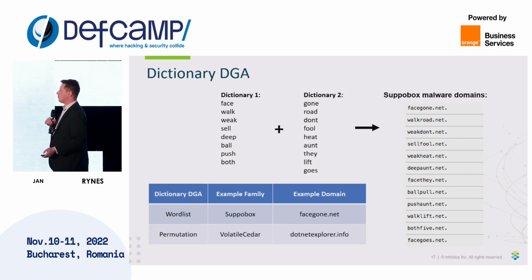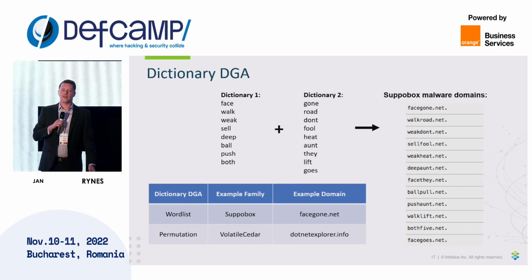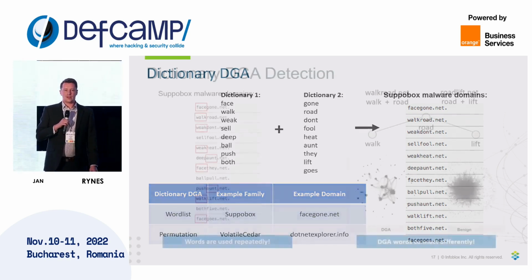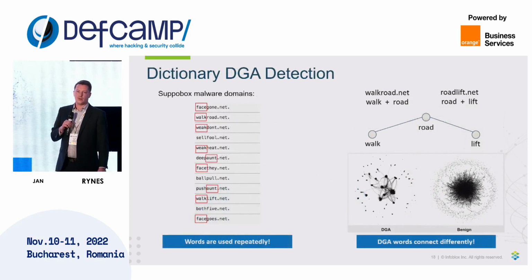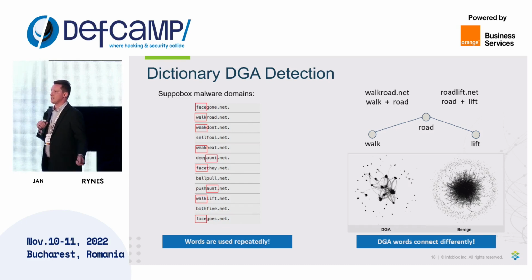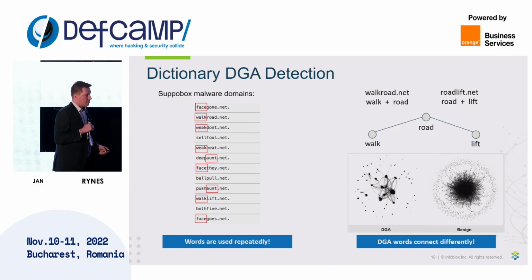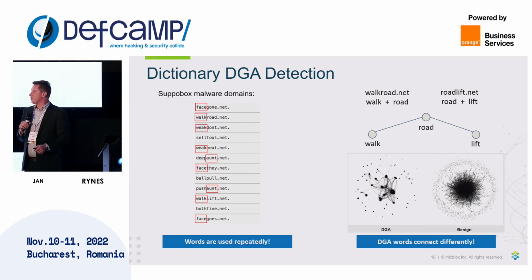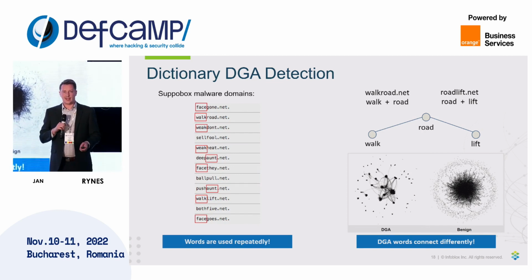So how can we actually say that worklift.net is a generated domain name? For that, we leveraged graph theory, and we discovered that the Achilles heel of such a technique is the repeating words. The dictionaries are not endless.